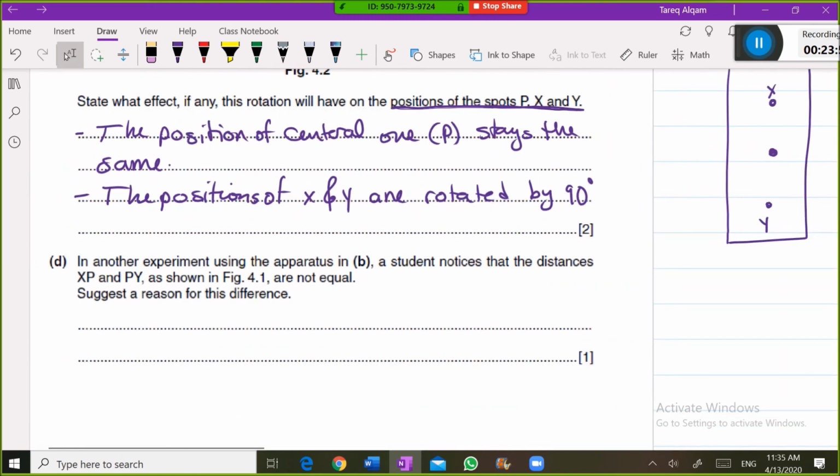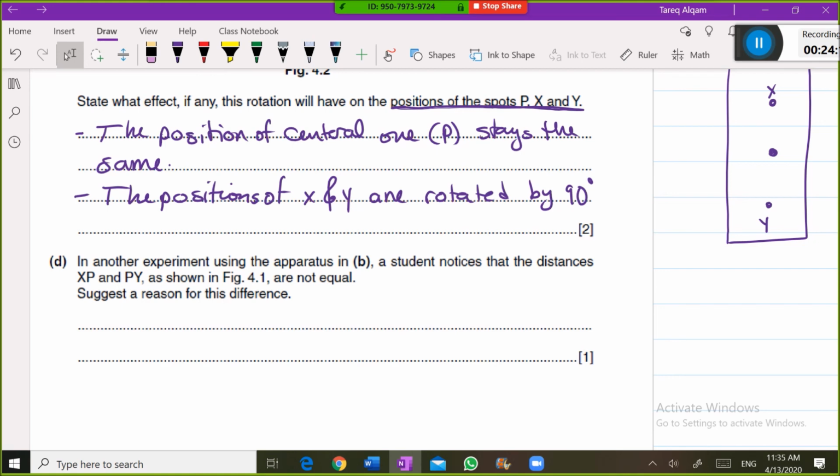Now, in another experiment using the apparatus in B, a student noticed that the distances XP and PY, as shown in figure 4.1, are not equal. Suggest a reason for this difference, guys. The reason for this difference is that the screen and the diffraction grating are no longer parallel.